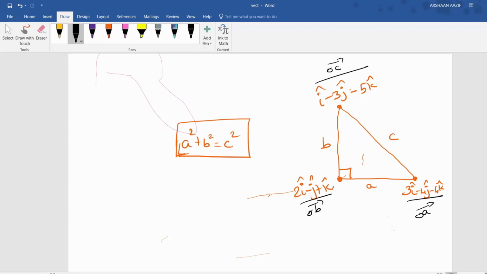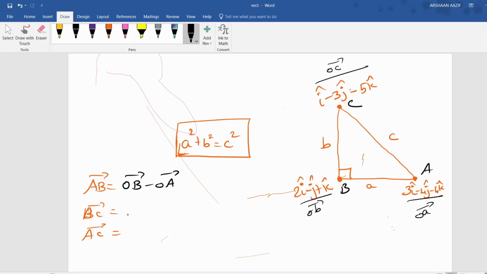Now I have to find my sides. This is my side A, this is my side B and this is my side C. To prove this, I need the magnitude of the three sides. So let me find the AB vector, BC vector and AC vector. By knowing these three, I can compare the magnitudes. To find AB, we already know OB vector minus OA vector is AB vector.